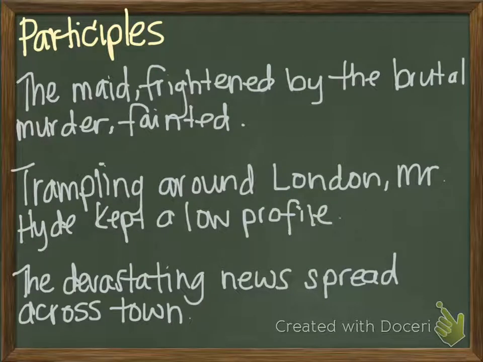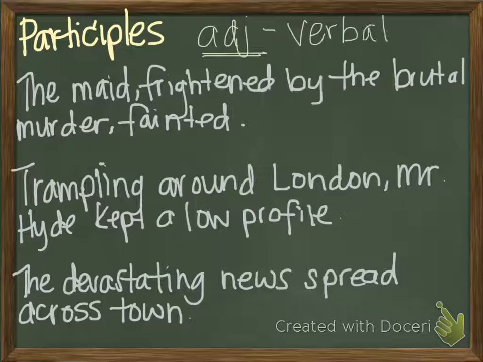The next phrase is participles. Participles act as adjectives all the time. They are modifiers. And this is one of the verbal phrases where it takes a verb and it looks like a verb in disguise. So take a verb and it's acting as another part of speech. So the maid, frightened by the brutal murder, fainted.